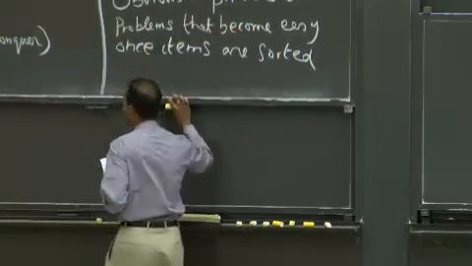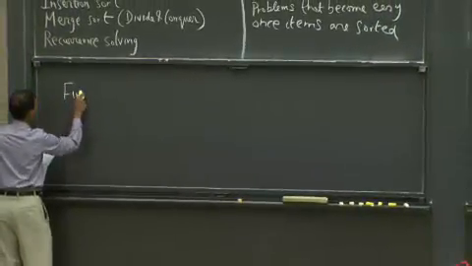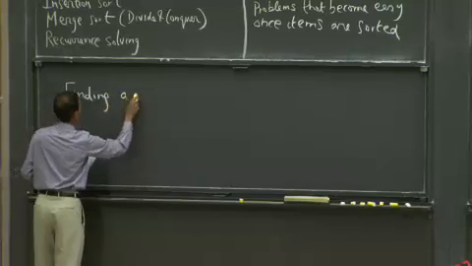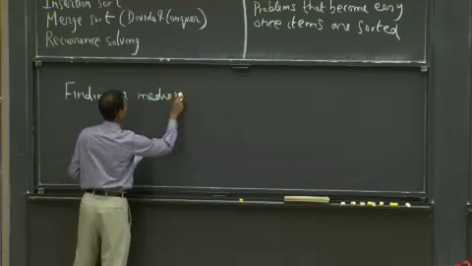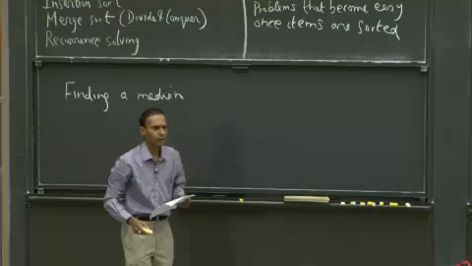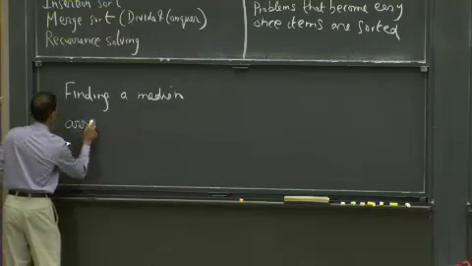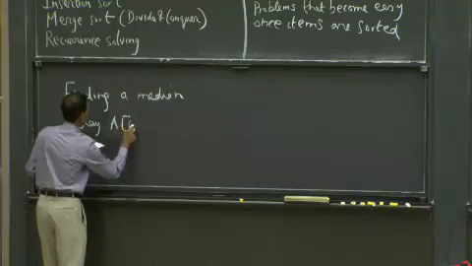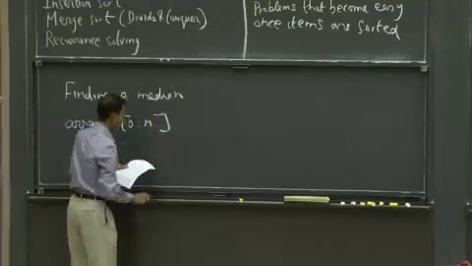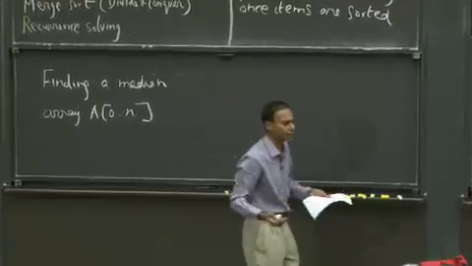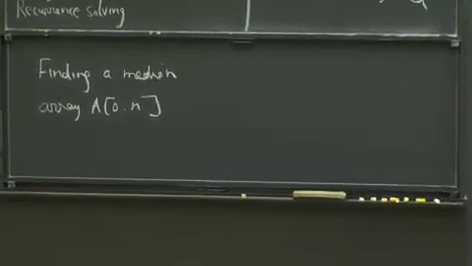And one example of that is finding a median, for example. So let's say that you have a bunch of items in an array A[0:n], and A[0:n] contains n numbers, and they're not sorted.